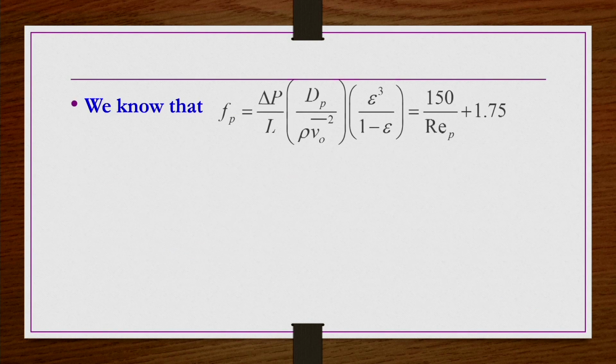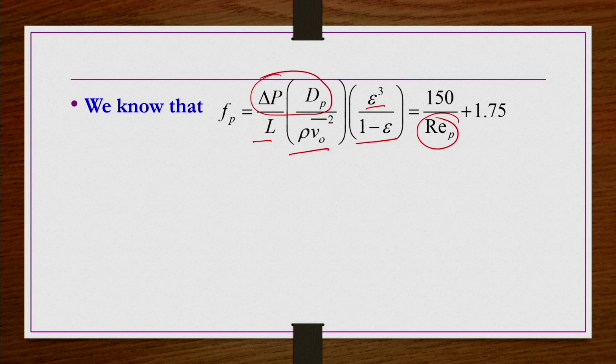Then we have seen that Fp is equal to 150 by Rep plus 1.75. So, what we can see here is delta P multiplied by dP is there, and all these are the same in both cases, the previous case as well as this case. Only this delta P multiplied by dP is changing, and this Rep is changing, the rest is the same.